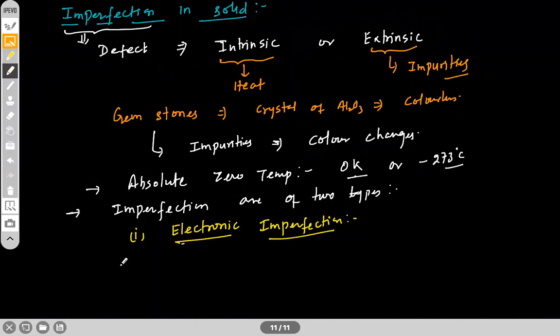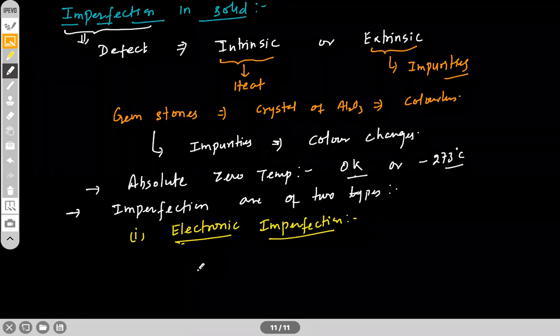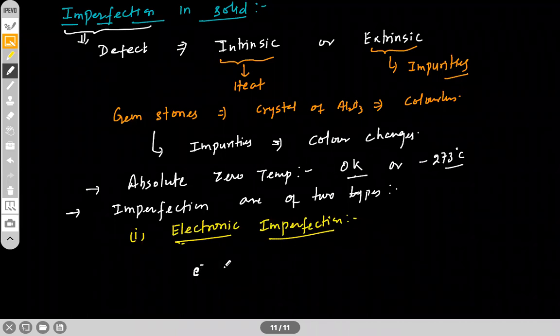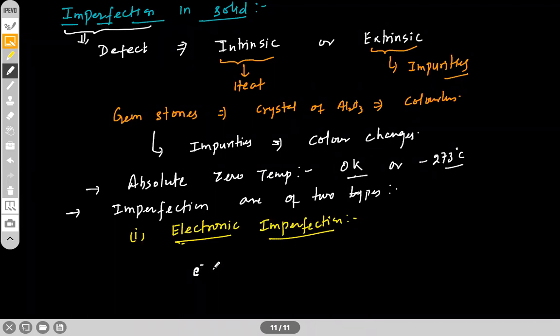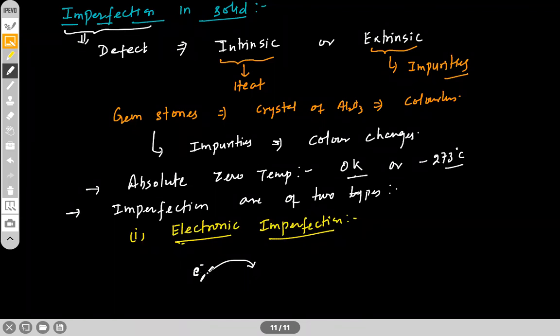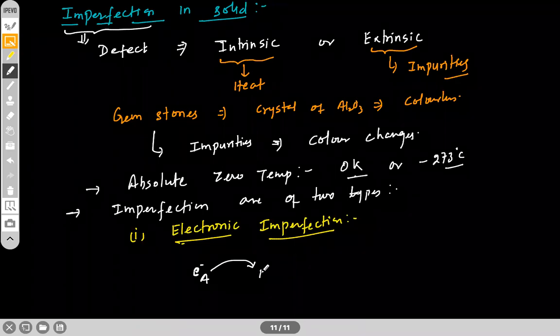The next point here is, suppose we have an electron present at this position, and it moves on to another position. Suppose this position was A, and from A it goes to B. So what happens in this process?